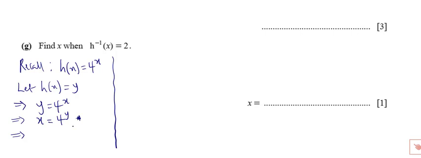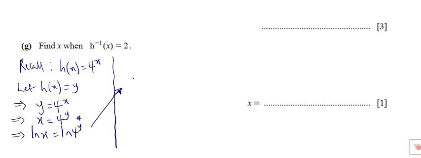So what I'm going to do is introduce another concept which is called logarithm. I will try and do a video to explain this, but for the sake of this tutorial, what we're going to do is to find the natural log of both sides. So we have ln x equals ln 4 to the power of y.